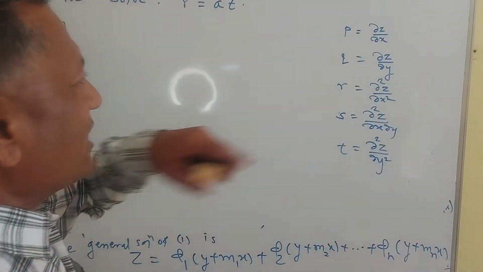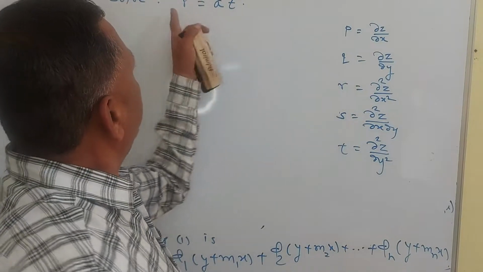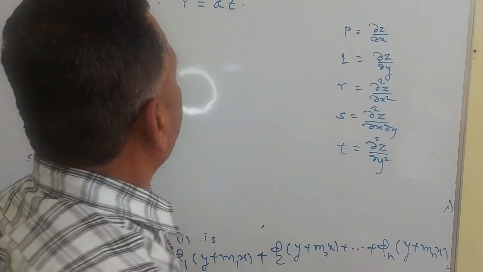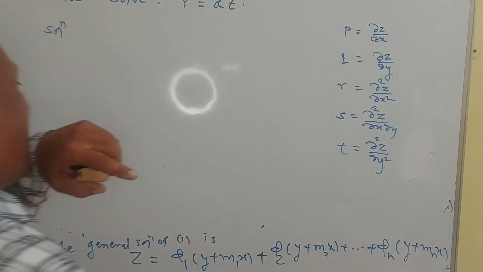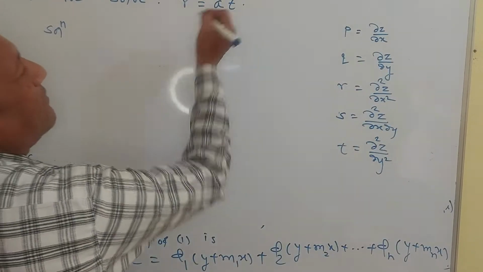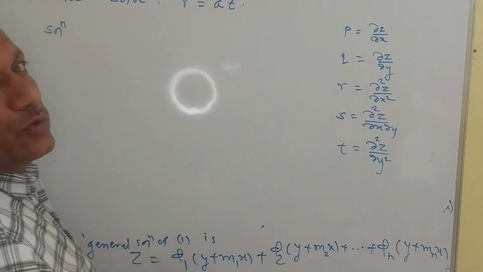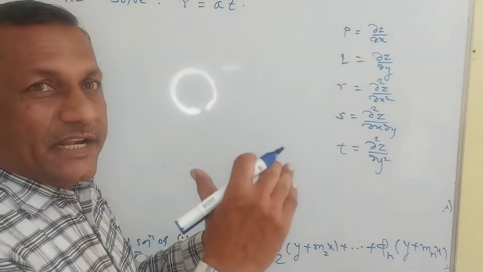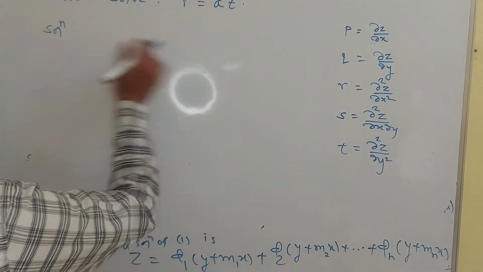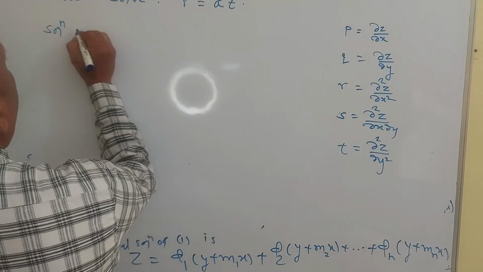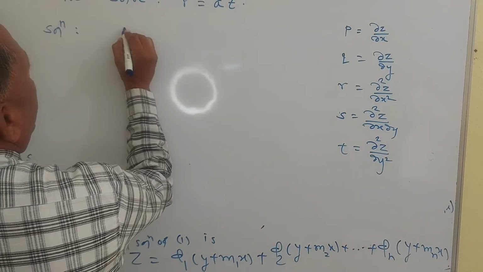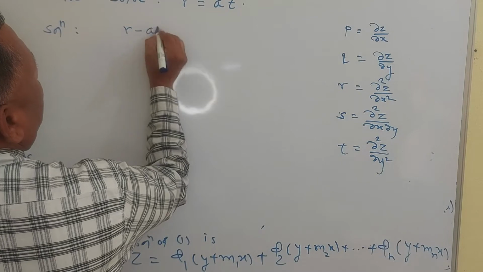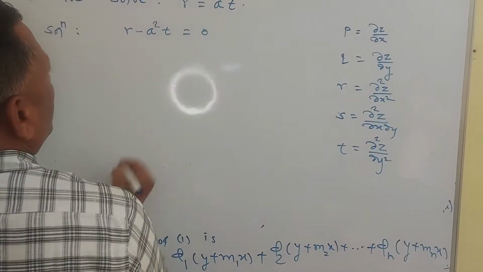So you have, instead of the symbolic form, r is equal to a square t. This can be written as r minus a square t is equal to 0. Therefore, this is of the form f of D, D dash operated on z. Solution. The given equation is r minus a square t is equal to 0.